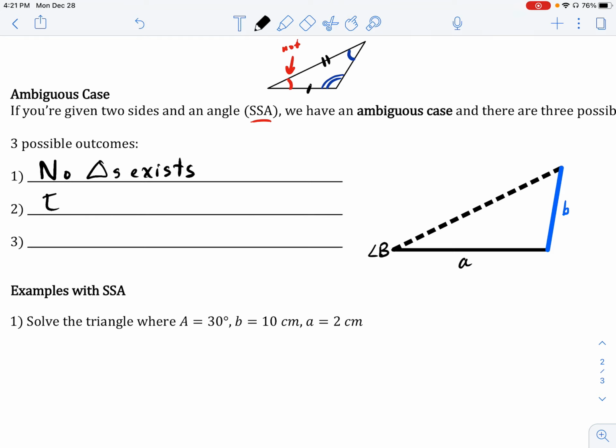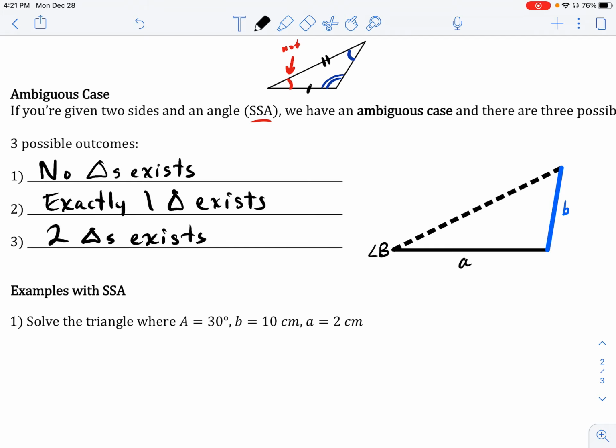We could have exactly one triangle existing, or it's possible that we could actually form two distinct triangles, or two triangles exist. So we could actually form two different triangles from the sides and angle that are given to us.